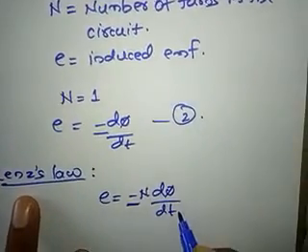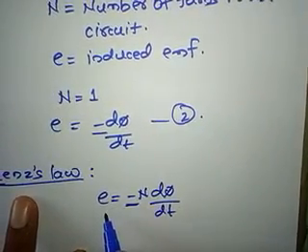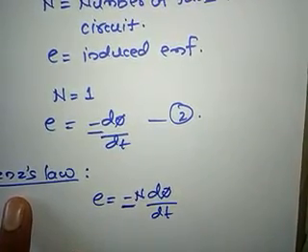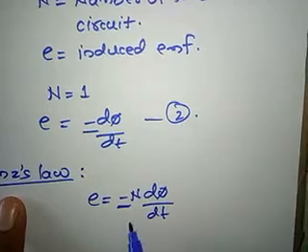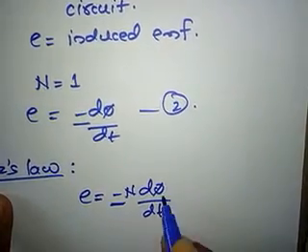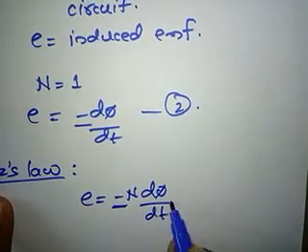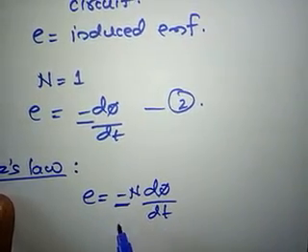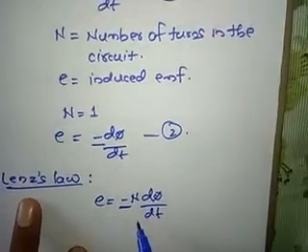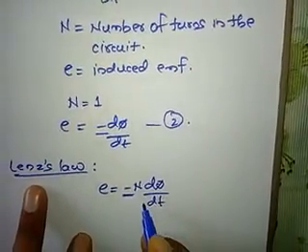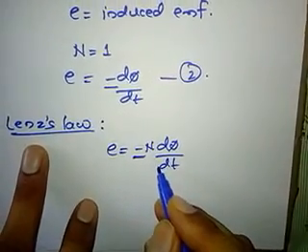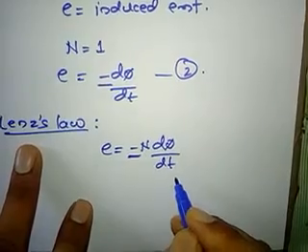Lenz's law states that when the EMF is induced, it produces a current. This current will produce a flux, and this flux will oppose the rate of change of flux, that is the cause. So the effect is opposing the cause. This is the statement of Lenz's law: the direction of induced EMF is such that it opposes the cause producing it, that is, it is opposing the changes in the magnetic flux.